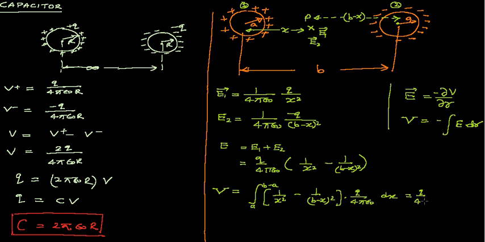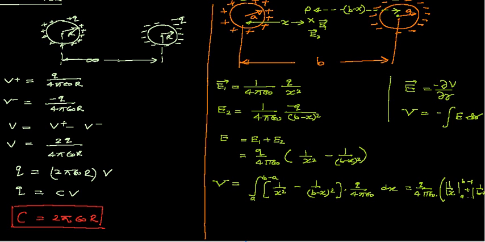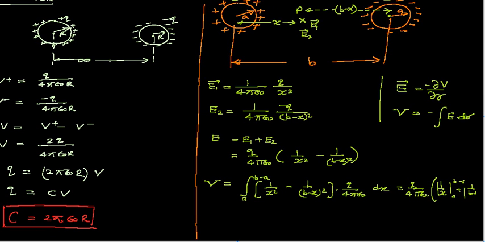Q by 4 pi epsilon naught common, you integrate it: 1 by x from a to b minus a, plus 1 by b minus x, again the same from a to b minus a.